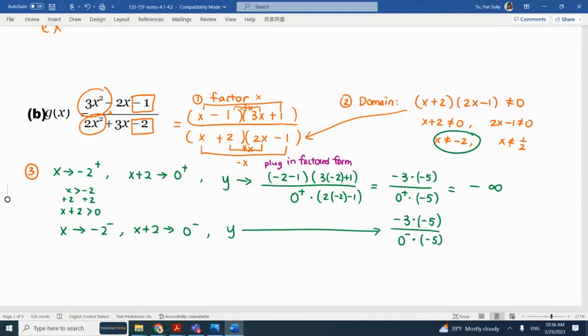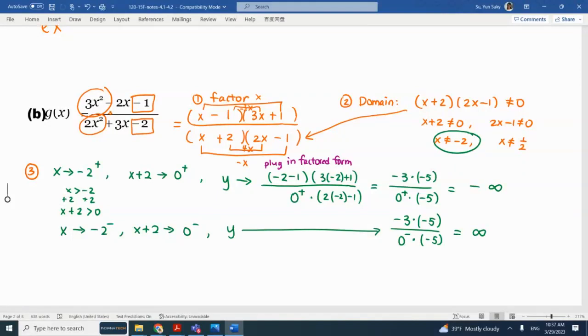Justin, how many negative signs here? 4. So we will get positive infinity. By the way, positive infinity means infinity, so you don't have to write down the positive sign. So far, so good, everybody?